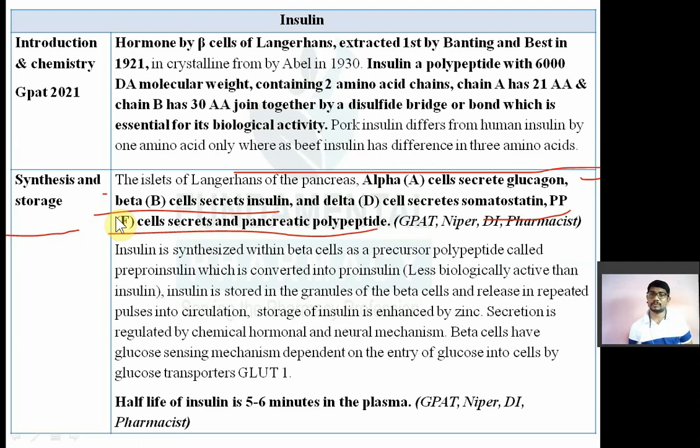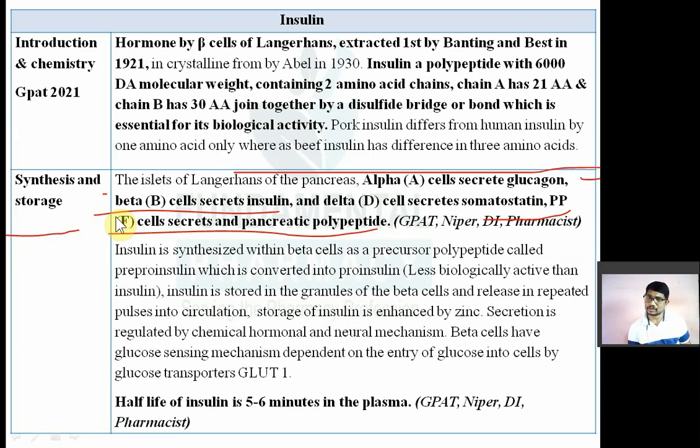Glucagon promotes glycogenolysis, the breakdown of glycogen, which is the storage form of glucose. Glucose is stored in the body in the form of glycogen, and glucagon breaks down the glycogen, so glucose is formed. But insulin increases its utilization and will decrease the glucose level. So glucagon increases the glucose level of the body, and insulin will decrease the glucose level.